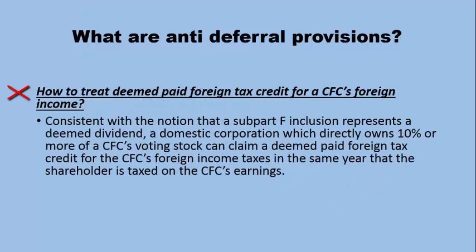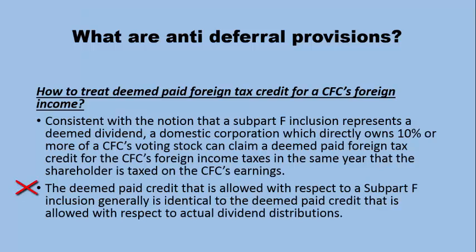How to treat deemed paid foreign tax credit for a CFC's foreign income. Consistent with the notion that a Subpart F inclusion represents a deemed dividend, a domestic corporation which directly owns 10% or more of a CFC's voting stock can claim a deemed paid tax credit for the CFC's foreign income taxes in the same year that the shareholder is taxed on the CFC's earnings.